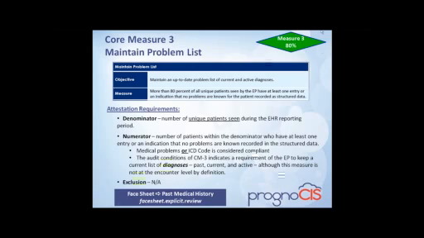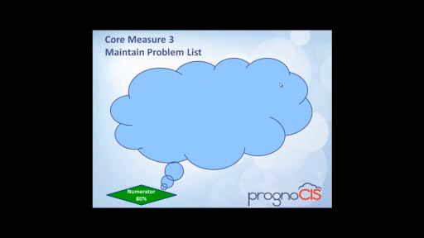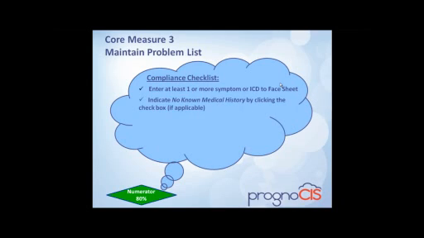So to summarize Core Measure 3, we want to first of all make sure that we've entered at least one or more symptom or ICD code on our face sheet. If there are no problems, we want to make sure that we have indicated that by selecting the No Known Medical History checkbox.